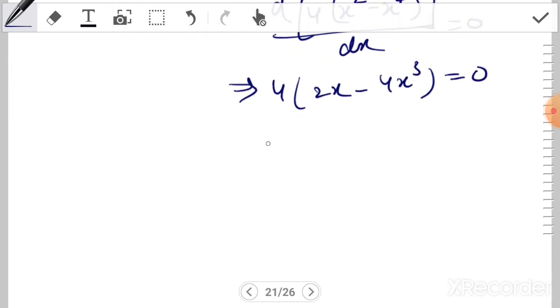We get x is equal to 0 or plus minus 1 by root 2.